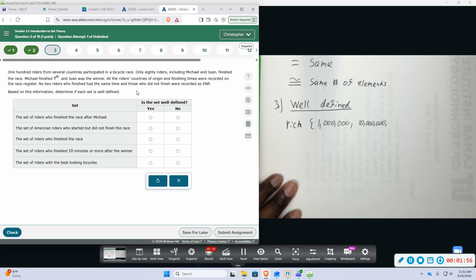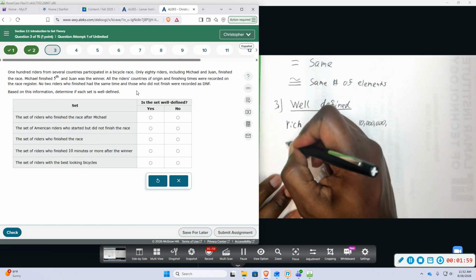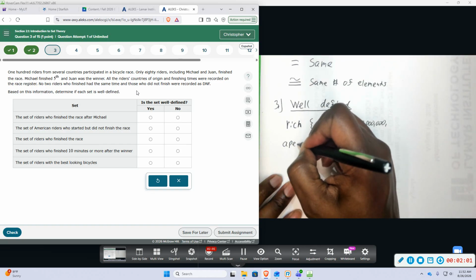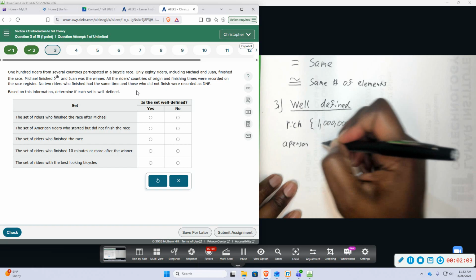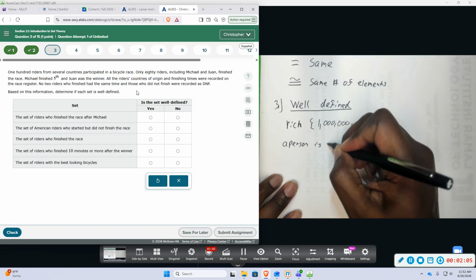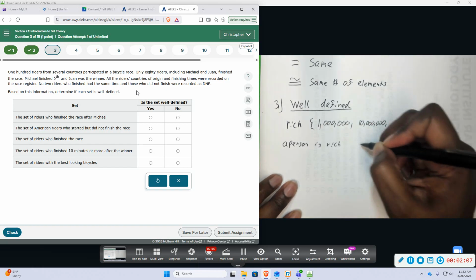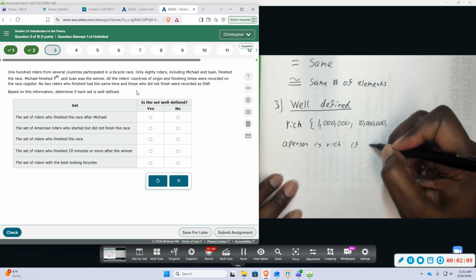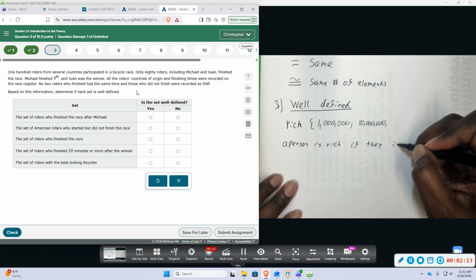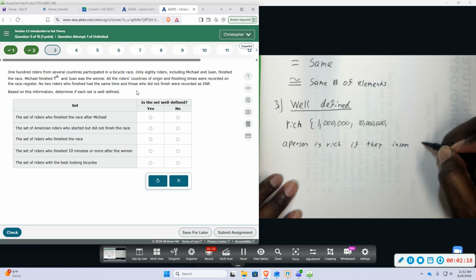Now, let's just say a person is rich if they income more than $500,000.